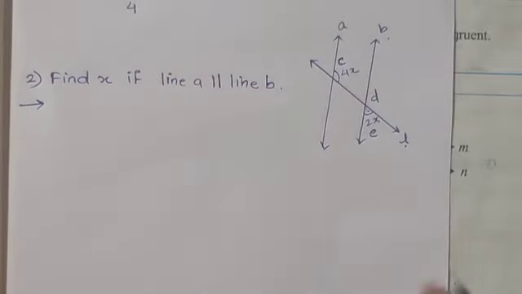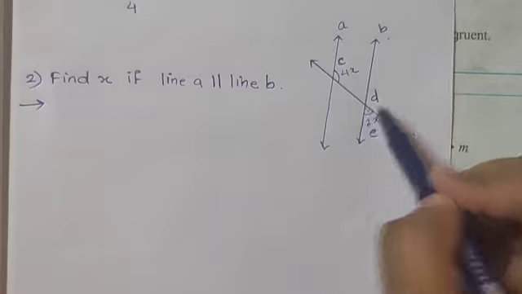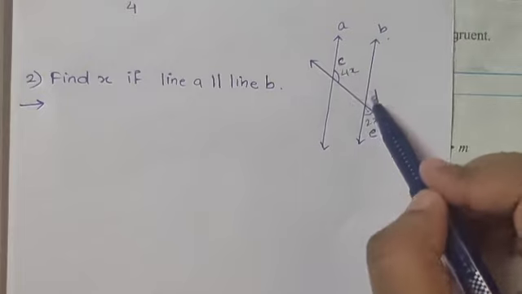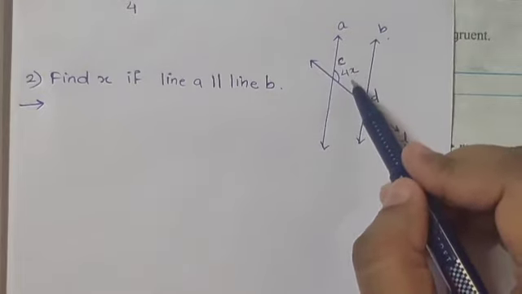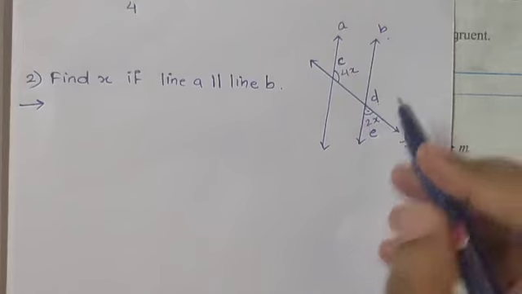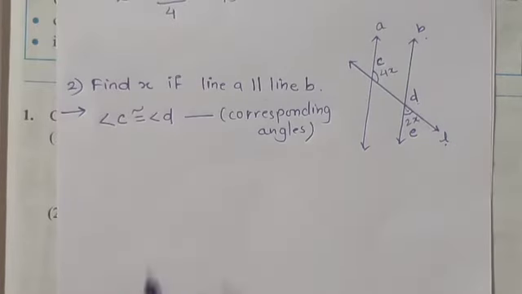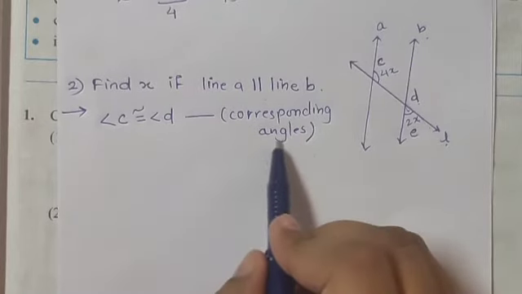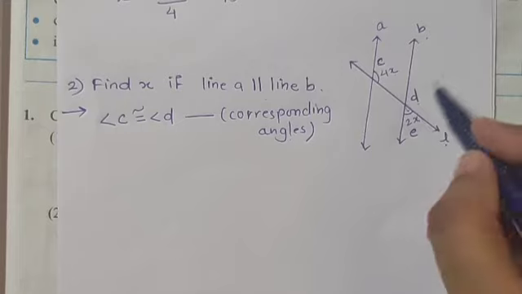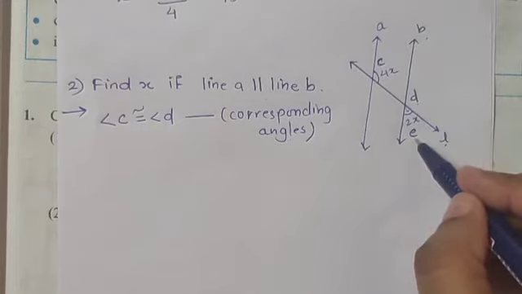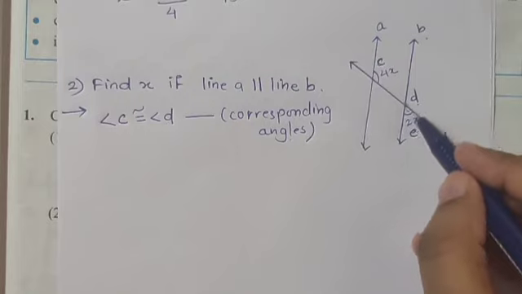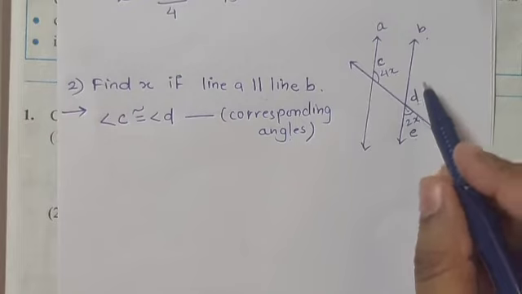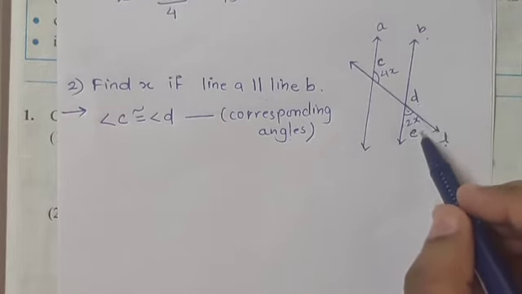Okay. Now see here, this angle C and this angle D are corresponding angles, and we know that corresponding angles are congruent. So we will write angle C is congruent to angle D as they are corresponding angles. Next thing is, if we observe angle D and angle E, they are linear pair angles, and we know that their addition will be 180, or linear pair angles are supplementary.